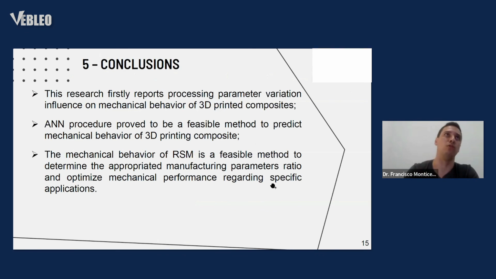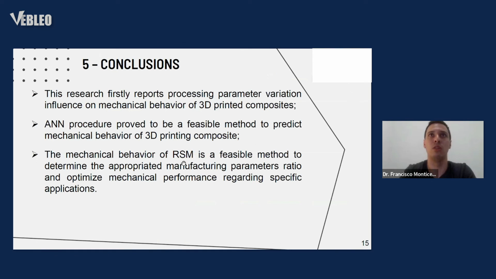And to conclude this work, this research firstly reports the processing parameters, and we evaluate the influence of these processing parameters on the mechanical behavior of 3D printed composites. The artificial neural network proved to be a feasible method to predict the mechanical behavior of these composites with error lower than 1%.